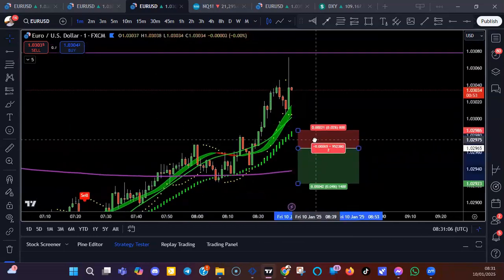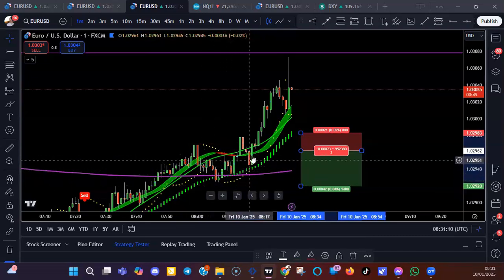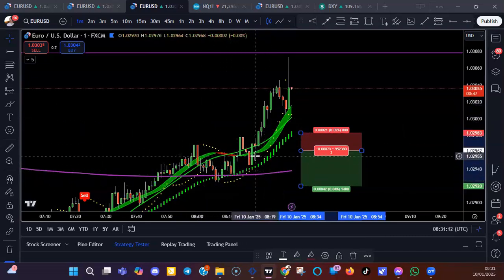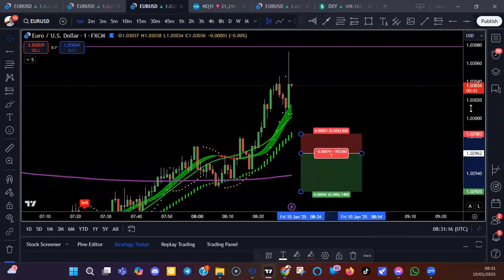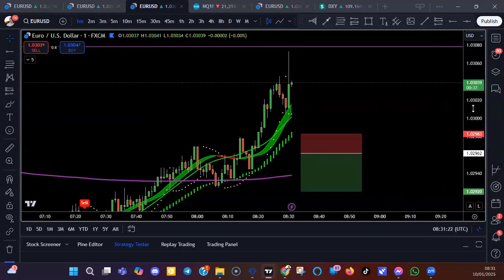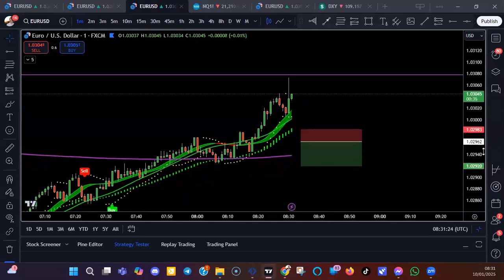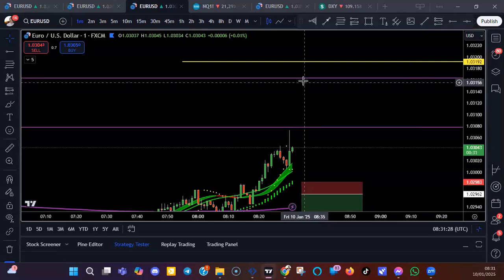And this is the scenario I'm waiting for. But the volume for a buy is fairly strong. And because of that imbalance I showed you on the DXY, I wouldn't be surprised if we go even higher. It could very well happen. Maybe even up to this support and resistance line.